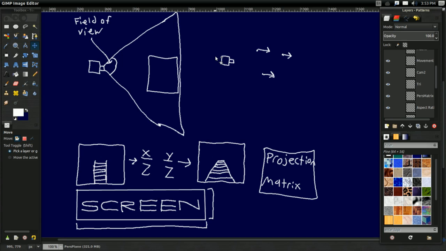And a lot of people seem to think, whoa, wait. If we're moving everything in the world, every single point in the world, isn't that going to get really, really computationally expensive? And it could, but there's a little bit of a mathematical trick.